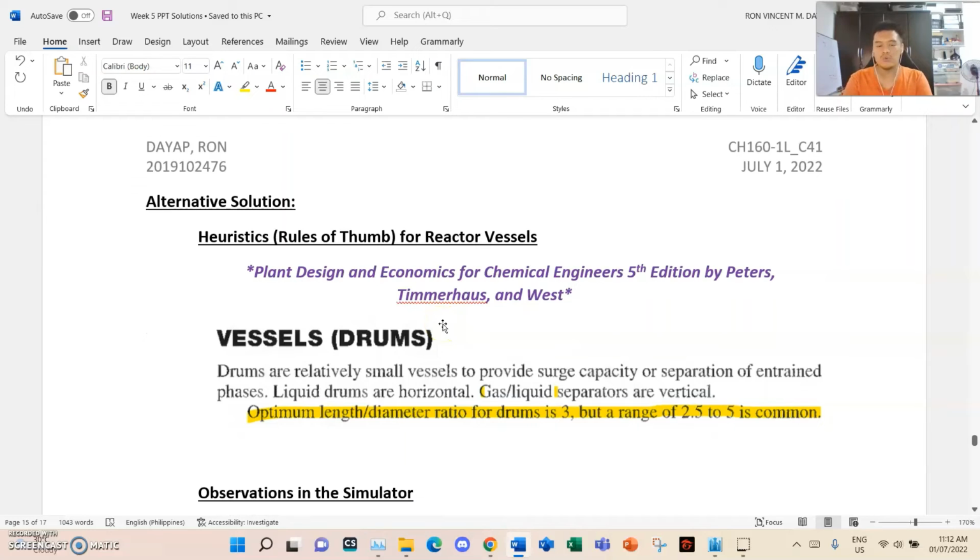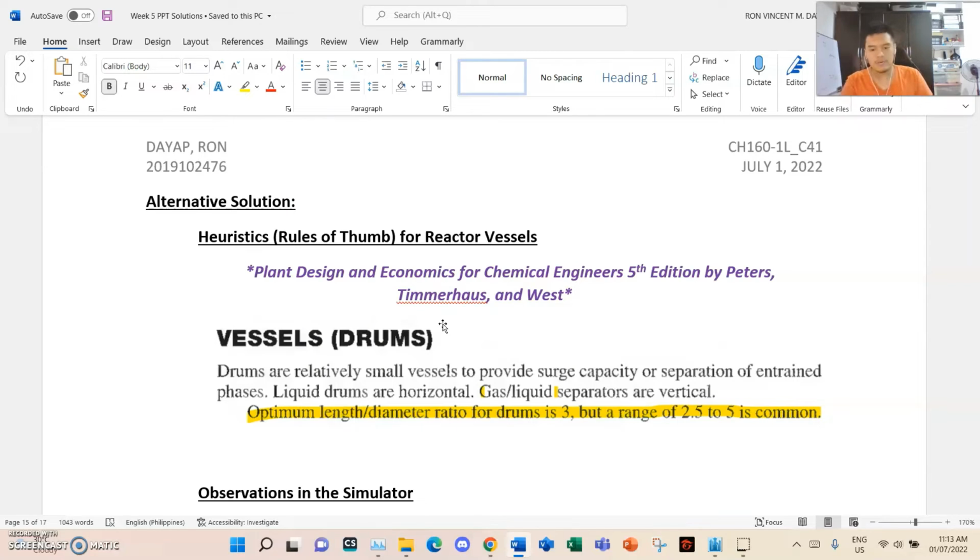I want to take reference to the book of Peters, Timmerhaus, and West, entitled Plant Design and Economics for Chemical Engineers. They stated some heuristics or rules of thumb with regards to reactor vessels.